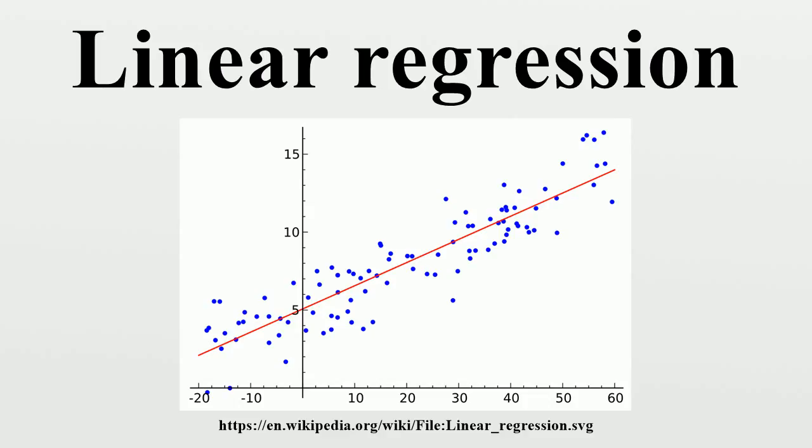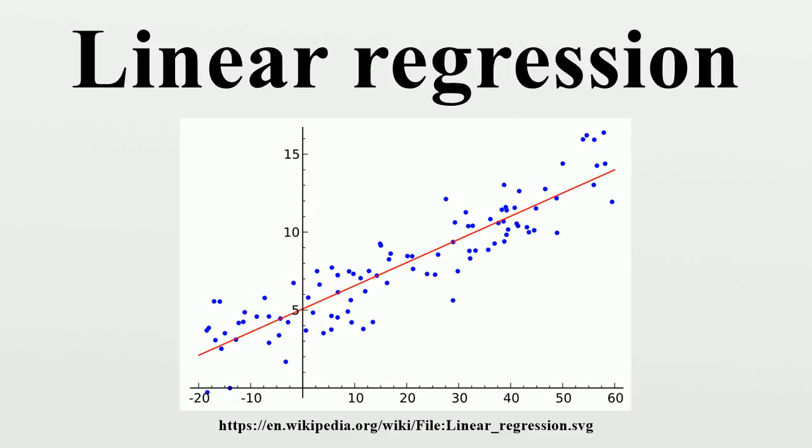This is sometimes called the unique effect of xj on y. In contrast, the marginal effect of xj on y can be assessed using a correlation coefficient or simple linear regression model relating xj to y. This effect is the total derivative of y with respect to xj.